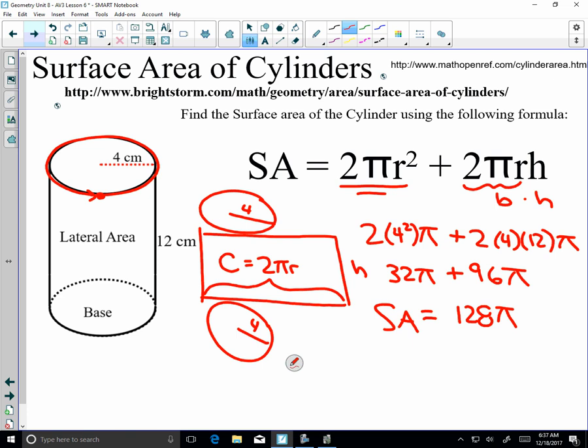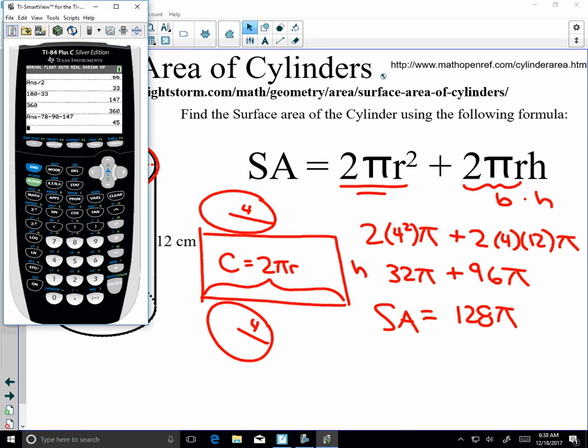Okay, it's always best to leave it in exact terms. If you do end up multiplying by pi, we want to understand that there's a big difference, if possible, between 128 times 3.14, 401.92, and 128 pi, the exact value, 402.12.